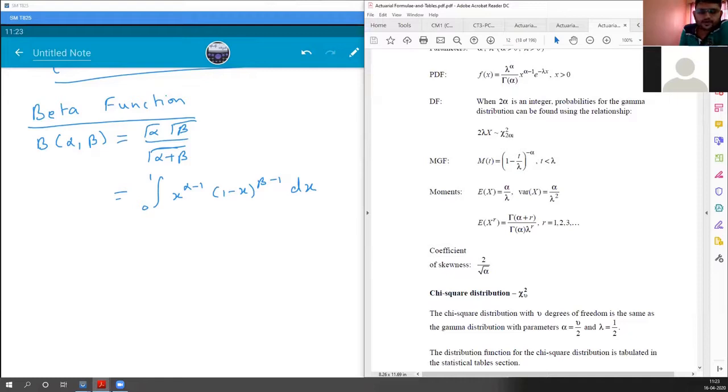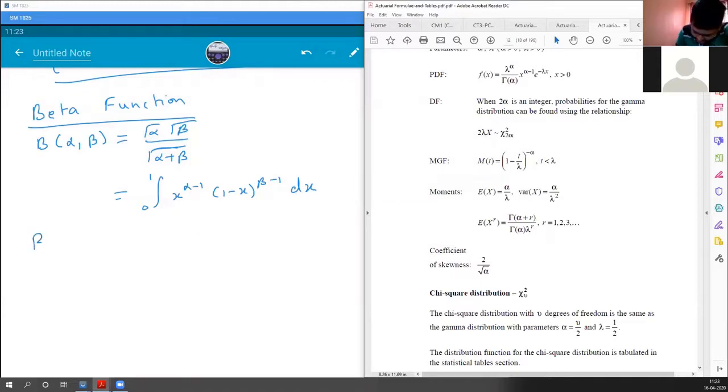This is another way of representing our beta function. So to solve the beta function, we'll convert it into gamma function and then solve it. And to build the beta distribution, we'll be using this.